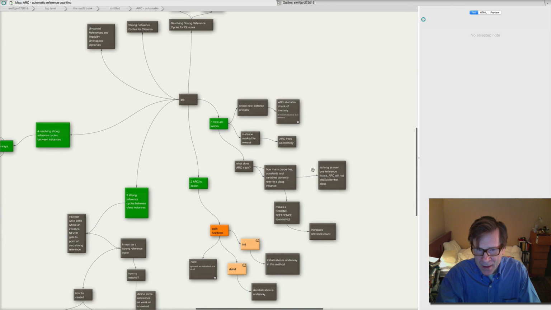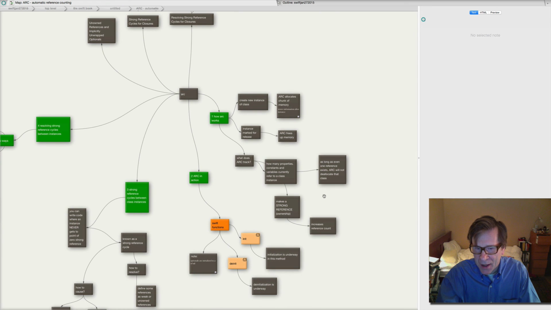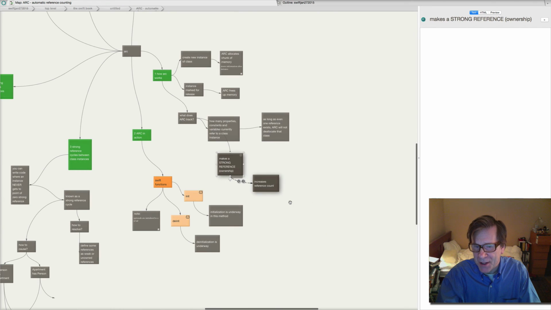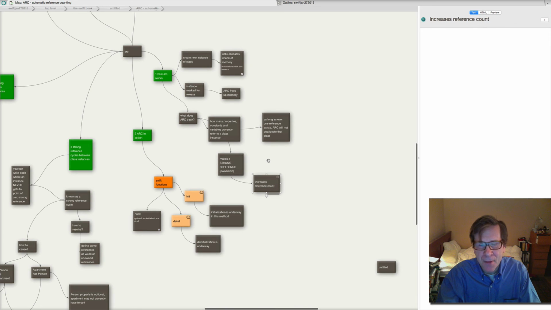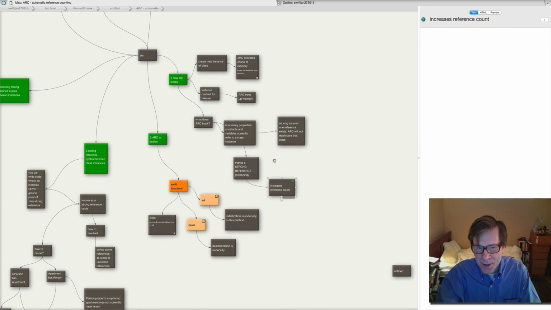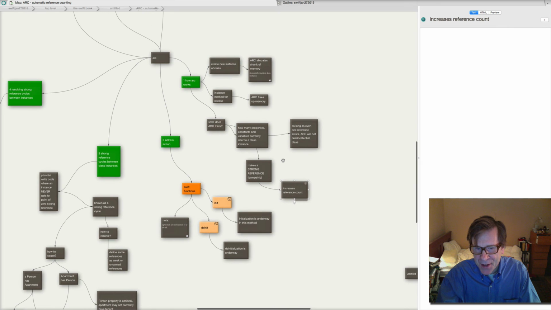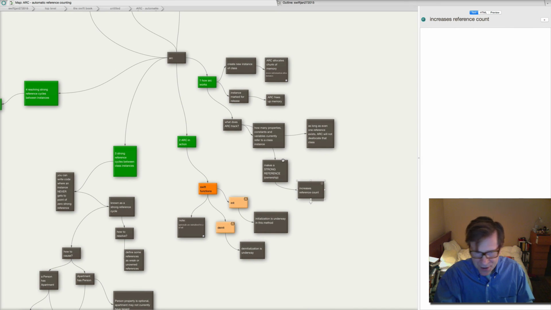In general, when you create a reference to a class, you're making a strong reference, which indicates ownership, and it increases the reference count. Now, this works pretty much the same way it did in Objective-C at this level of conceptualization. If you have a strong reference, it's going to count as a reference to the object when deallocation calculations occur.